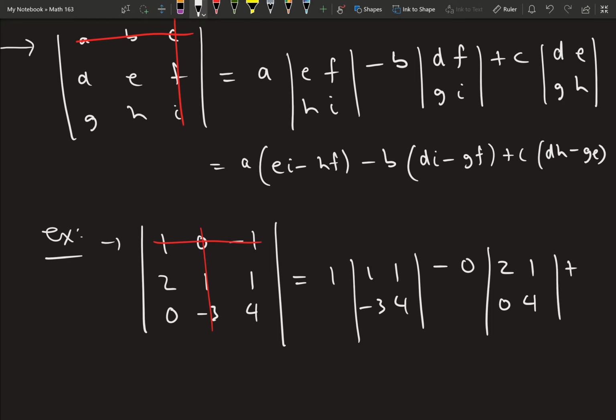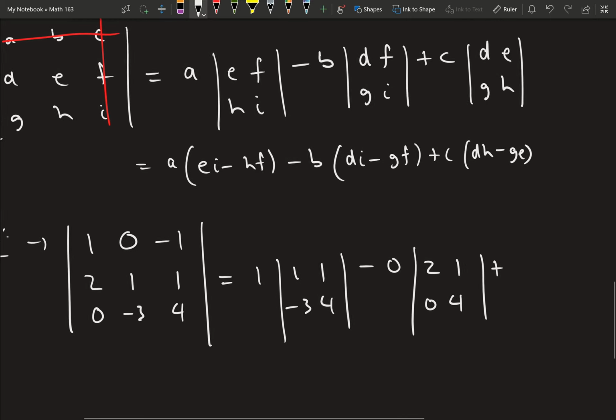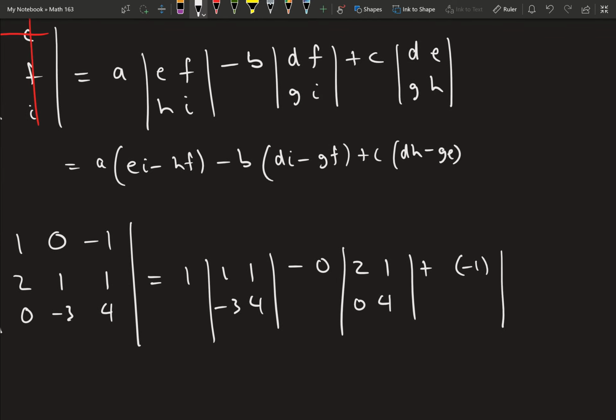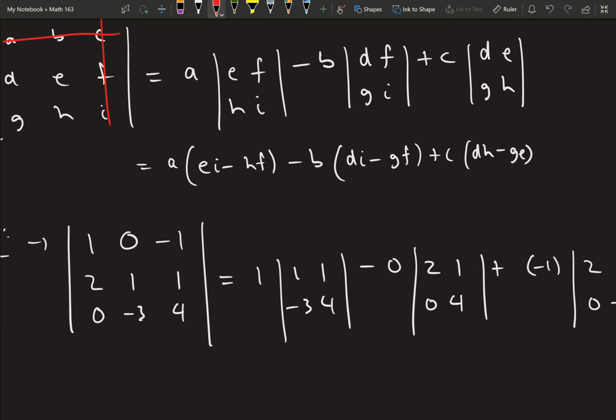the last term. So let me erase these. Oops, I erased the 0 as well. So plus, and then the last term is a minus 1 here in that row, times the corresponding minor, which would be 2, 1, 0, minus 3. Cross out the column, cross out the row, and what's left.